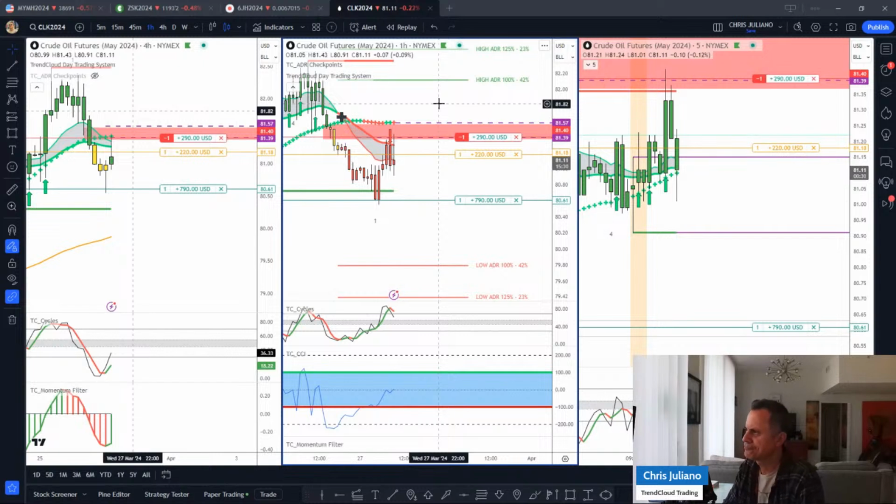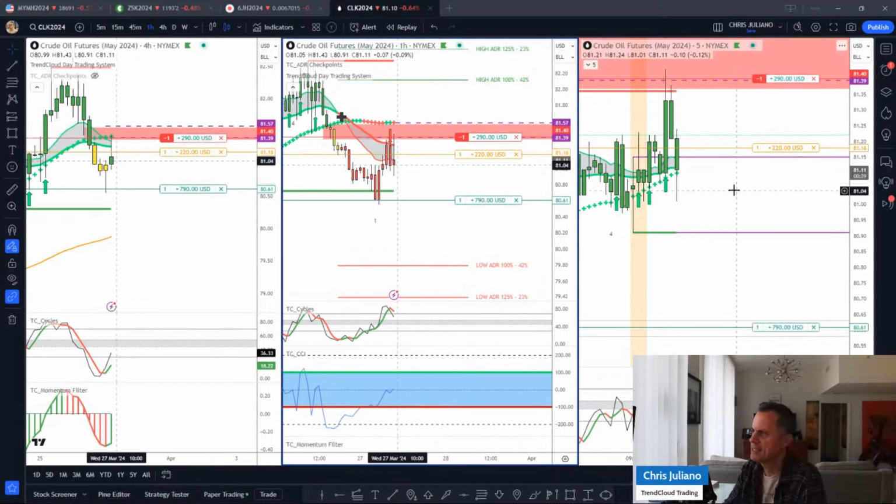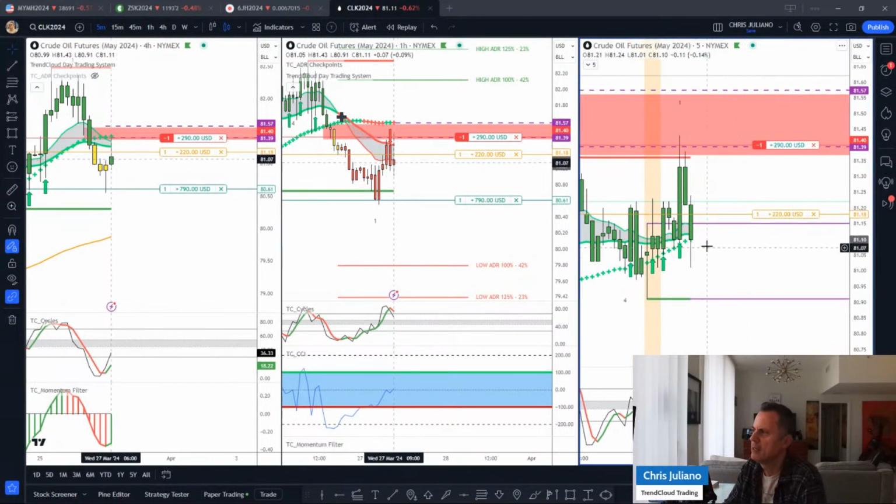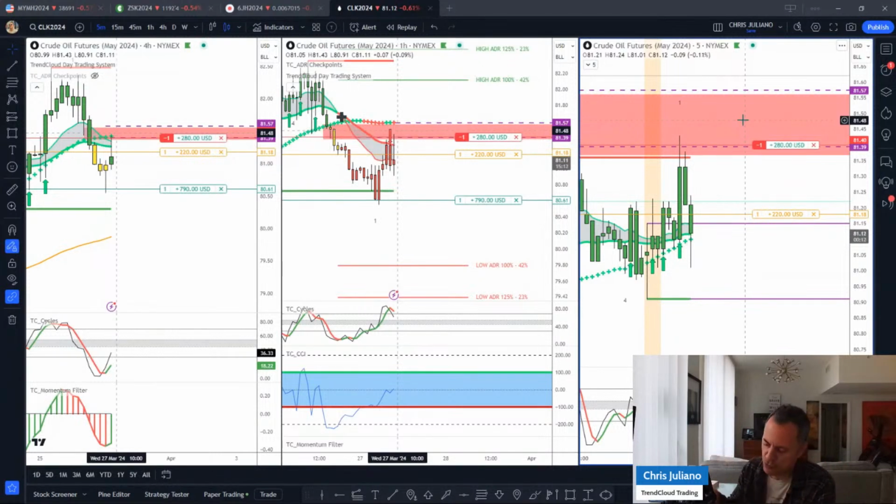So we're pulling back into the opening range, which means a retest back to the upside. We don't know what's going to happen. Let's lock in the money while we have it. That's a risk-free trade. We're hands off now.